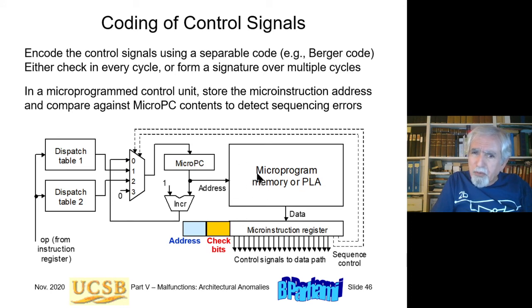In other words, the decoder of this memory also worked correctly. So you compare this address to the address from which you fetched to make sure that you read the correct micro instruction, and that micro instruction has not been corrupted because you have check bits, you have error codes there.